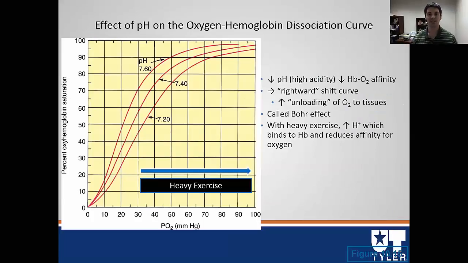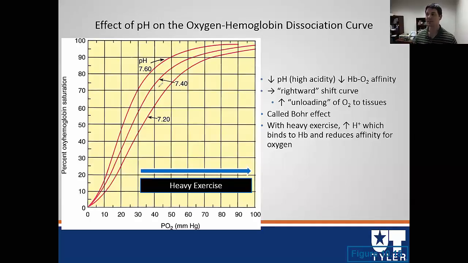So as we have discussed, one of the byproducts of metabolism is altering the pH in muscle. This is another way that we can affect this oxyhemoglobin dissociation curve. We'll just say this: with a decrease in pH or high acidity, we decrease the affinity of oxygen to hemoglobin. Hemoglobin wants to give off more oxygen.